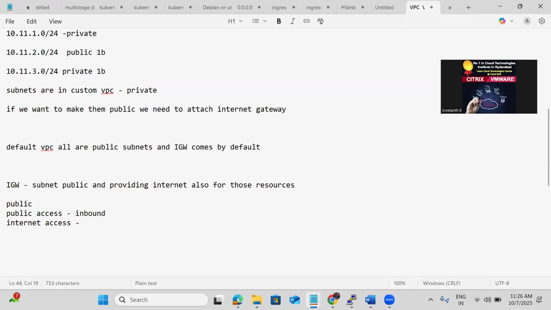Internet access means what? Outbound. Yeah, outbound rule. That means from the instance it is getting internet also.